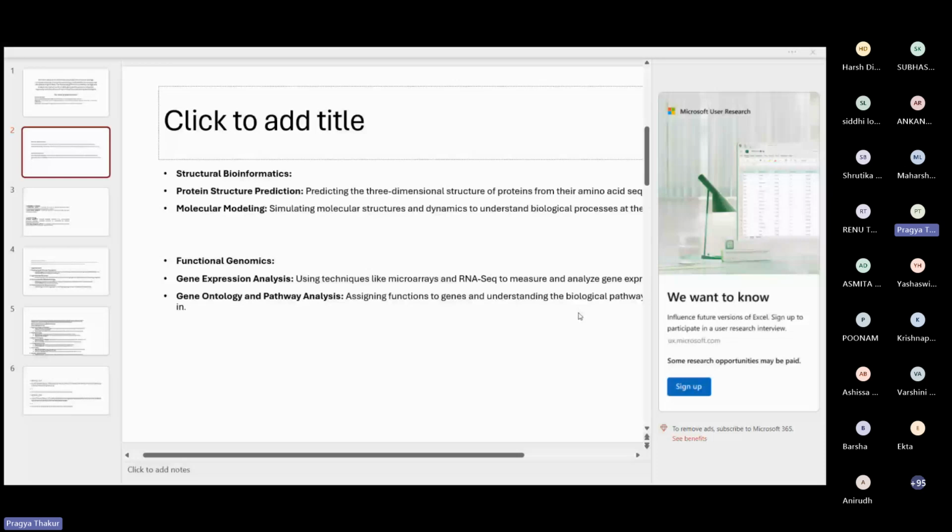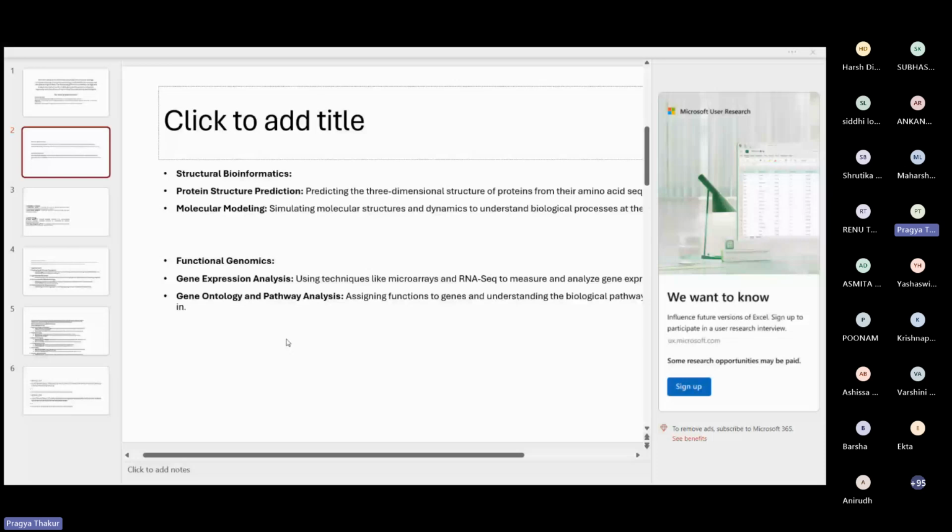Then comes gene ontology and pathway analysis, which involves understanding the biological pathways that genes are involved in. That is done in order to understand the function of the genes. There are many pathways, and which pathway is linked to which disease is built under this gene pathway analysis.